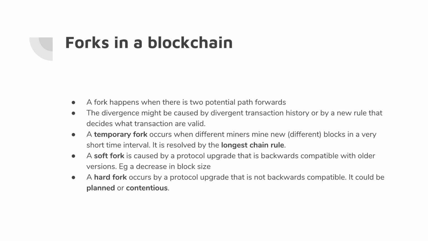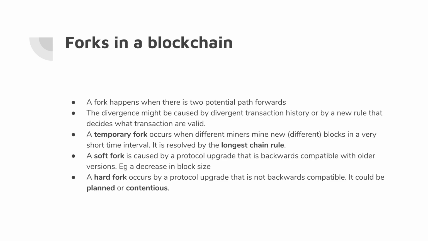Now there are other types of forks as well. These are called soft forks and hard forks. A soft fork happens by a protocol upgrade or a rule change that is backwards compatible with older versions. For example, let's say a decrease in the block size.